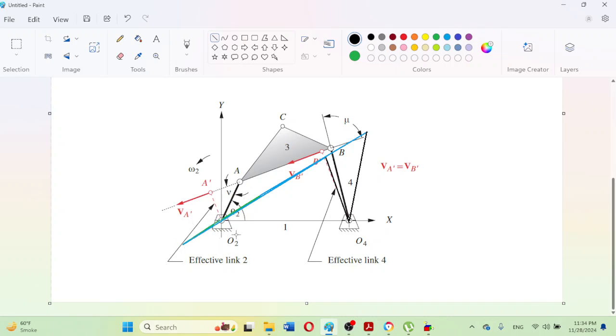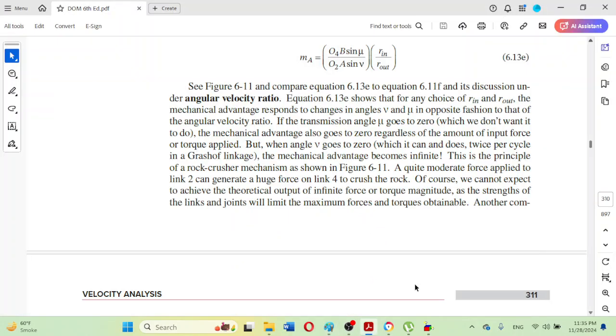So that will be twice per cycle, means after 180 degree revolution of the crank. So at 360 degree, that will be twice per cycle in a Grashof linkage. The mechanical advantage becomes infinity.